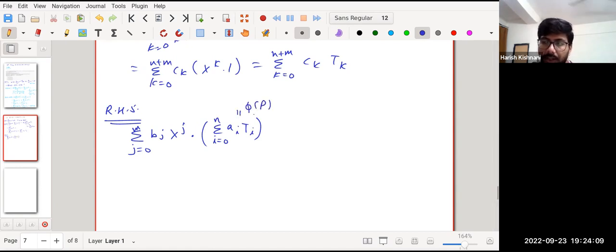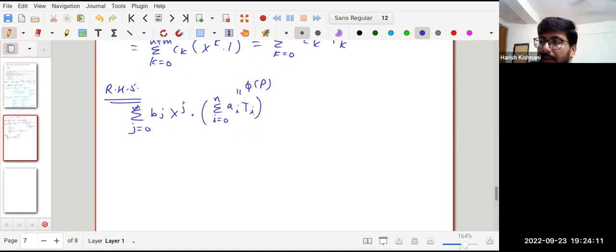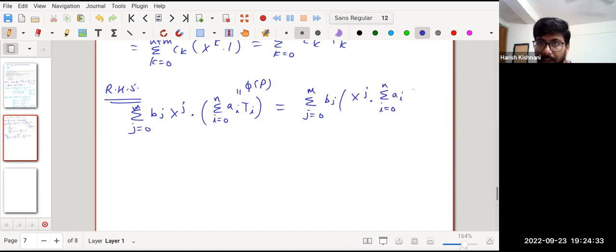Now, as the definition is, you need to extend the action linearly. So for each j equal to 0 to m, bj, you have to take this xj dot with each of this, the summation of i equal to 0 to n ai ti.